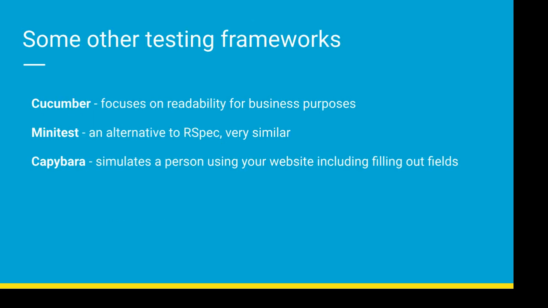There are other testing frameworks, so many testing frameworks, okay? I'm going to show you RSpec today, but know that there are lots of other testing frameworks, and they're appropriate for different things. The one that actually comes with Rails by default, because you noticed I had to ask you to install something for us to be able to use RSpec, is Minitest. When you generate a Rails app, you've got this test subdirectory with some testing files in it, and if you run rails test, it'll run those specs.